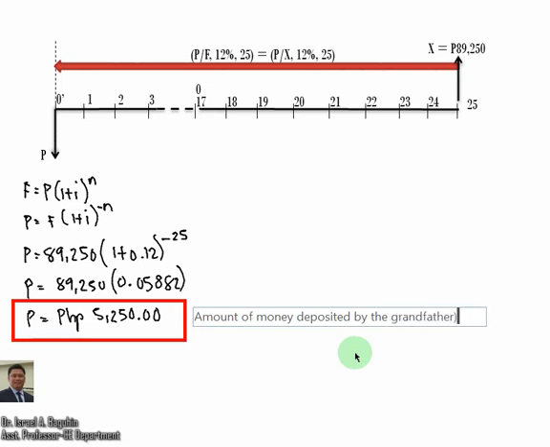I think I have now given you different techniques and methods on how to calculate the required variable, especially in this case the P. I hope this will help all of you in understanding better what this deferred annuity is all about. So proceeding now to our last problem.